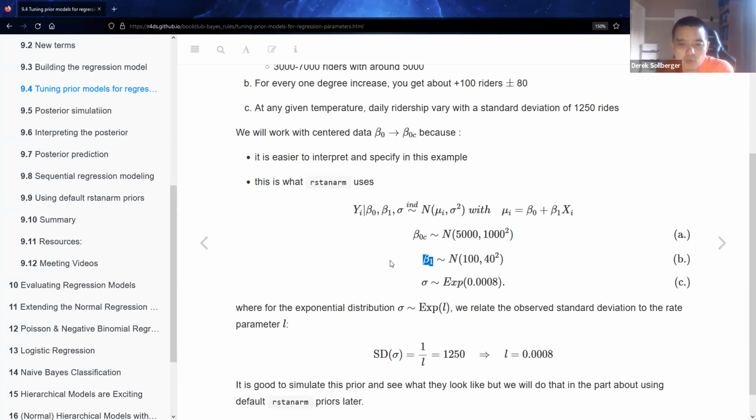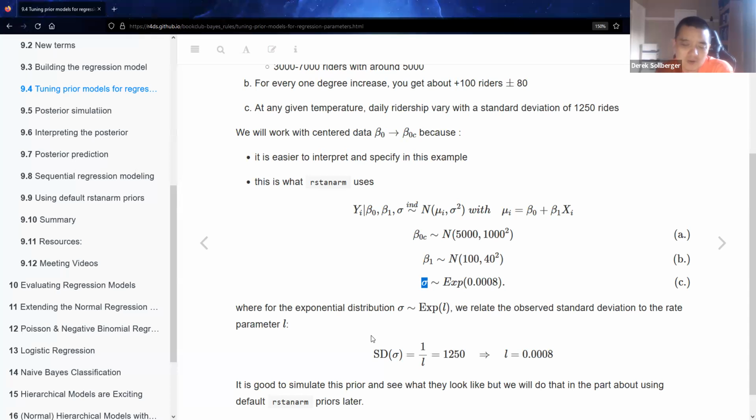For beta 1, which is the slope, we're modeling with a normal distribution, mean of 100, standard deviation of 40. Once again, sigma is modeled with an exponential distribution because standard deviation itself is non-negative.